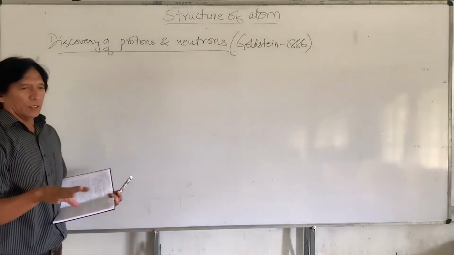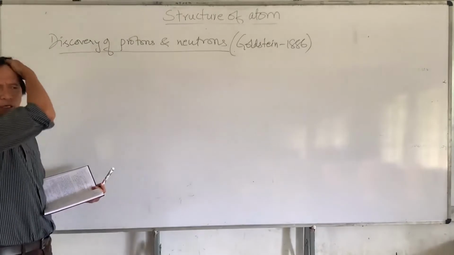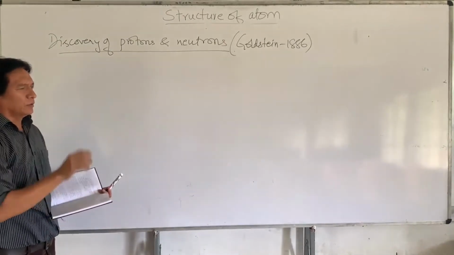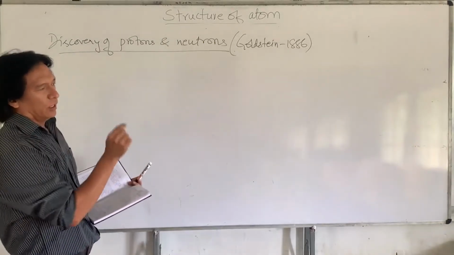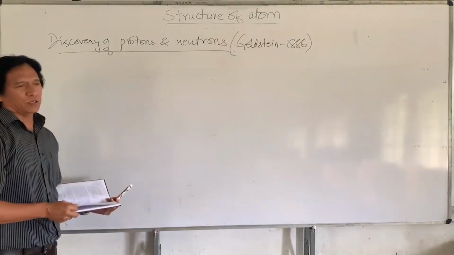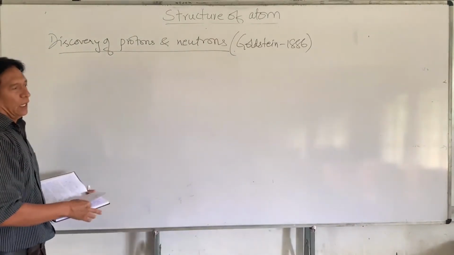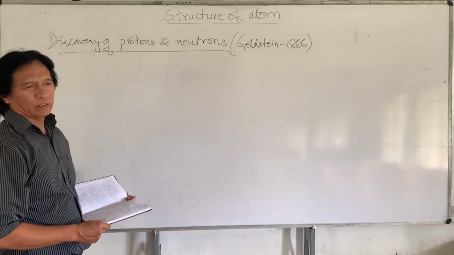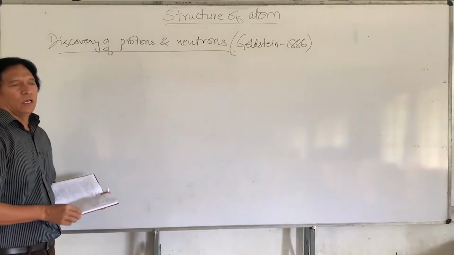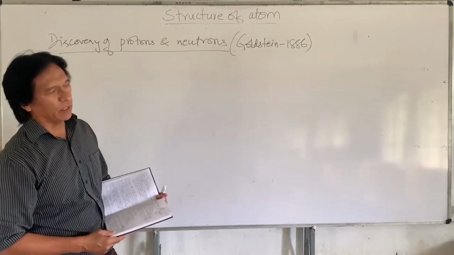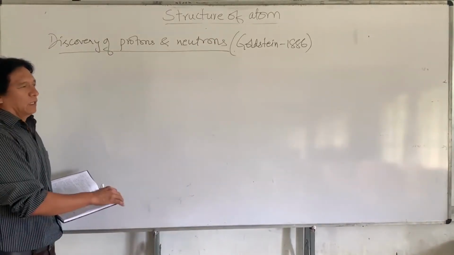In the tube you have the electrodes, the cathode and the anode, and the cathode had a hole in it. It was a perforated cathode, and these positively charged particles passed through this hole in the cathode.